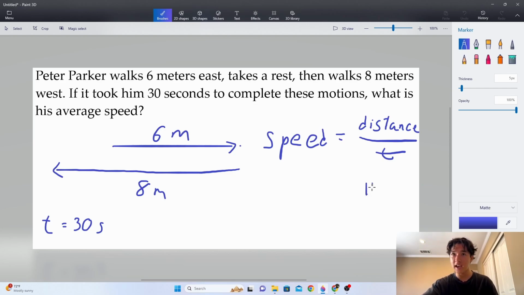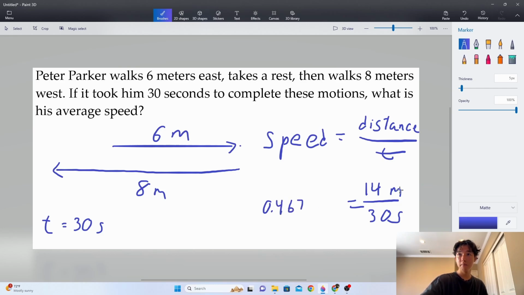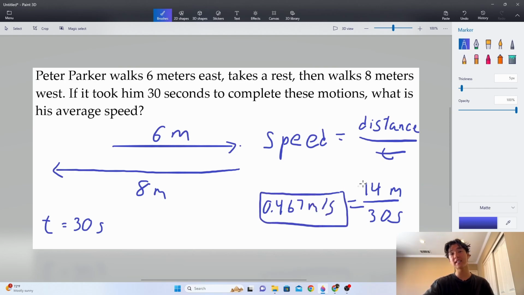We've solved that in the last video. So 14 meters over the 30 seconds. And that, right, is going to get our speed of 0.467 meters per second. Boom. That is our speed, everybody. 0.467 meters a second is our speed.